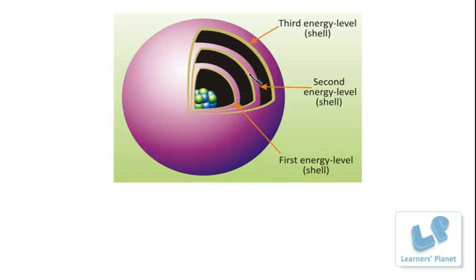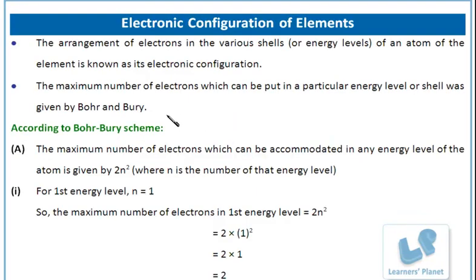So the distribution of electrons in these energy levels is called the electronic configuration of an atom of the element. This arrangement of electrons in various shells of an atom of the element is known as its electronic configuration.